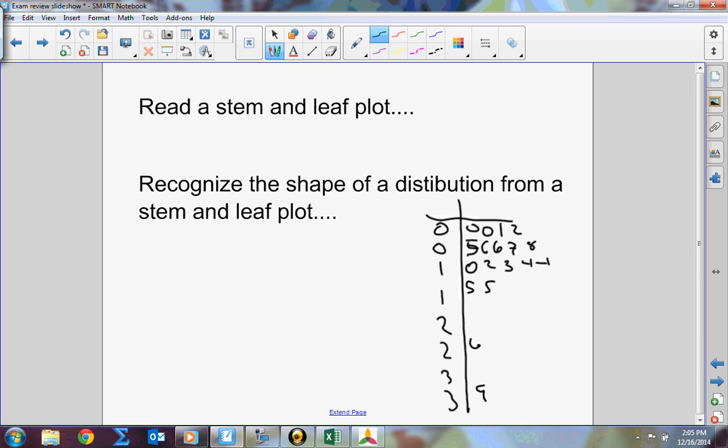Alright, so to read this stem and leaf plot, I would have to have had a key, most likely, so that I know that 0 | 6 equals 6. And so maybe the question will be, is there a mode for this? Which there's not one really. Let's make a mode. Okay, now we have a mode. So you can read this and see that 15 is the mode.